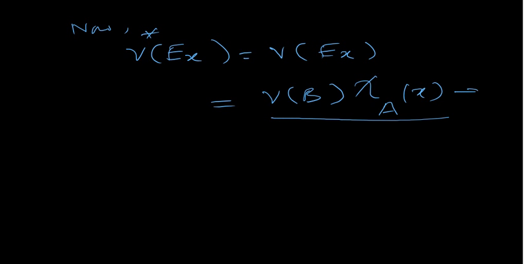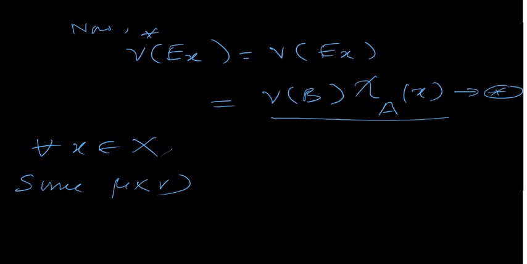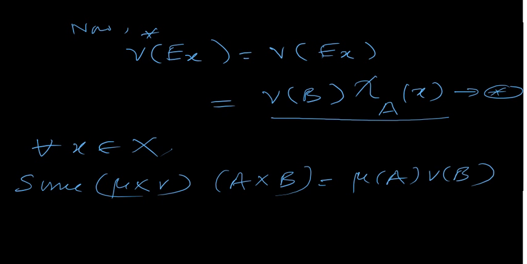Let's name this star. This is true for all x belongs to X. Now since this measure is finite, mu cross nu of A cross B, because it's a member of the semiring, we don't need to write the star here, is equal to mu of A into nu of B, which is finite.